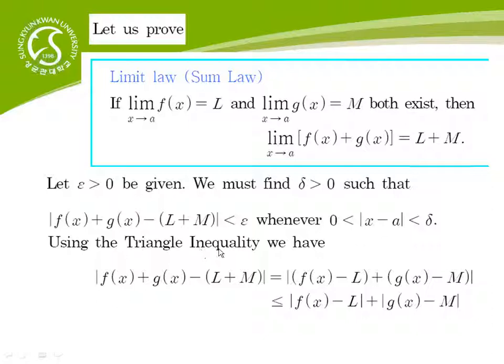Then using the triangle inequality, we can rewrite this in this way. As you see, this and this are related to the limit of f of x and the limit of g of x. We know these limits both exist.